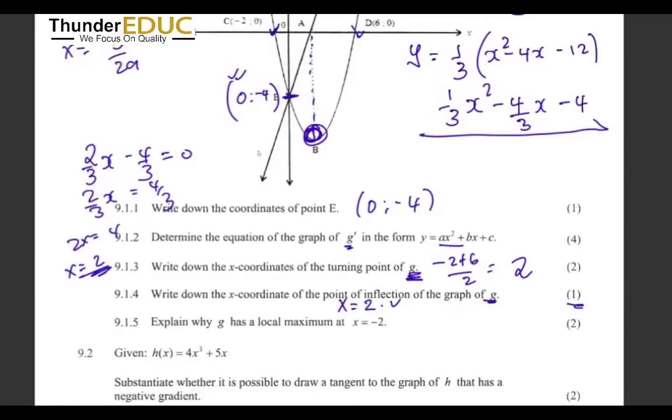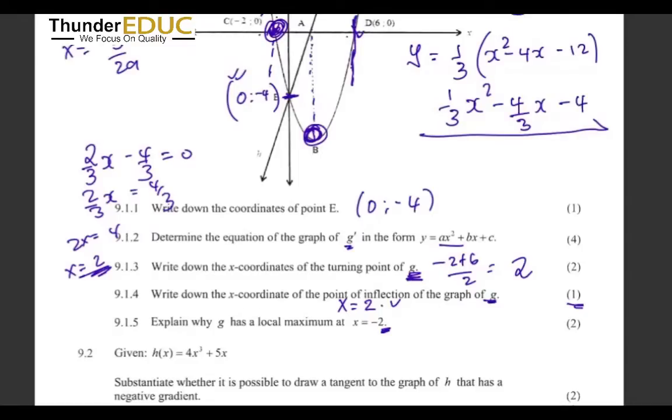There we go. Then explain why g has a local maximum at negative 2. So we can see that negative 2 is a point where g prime is cutting the x-axis. So these intercepts represent the turning points of the main function. But now they're telling us this must represent the maximum point. What is the reason?